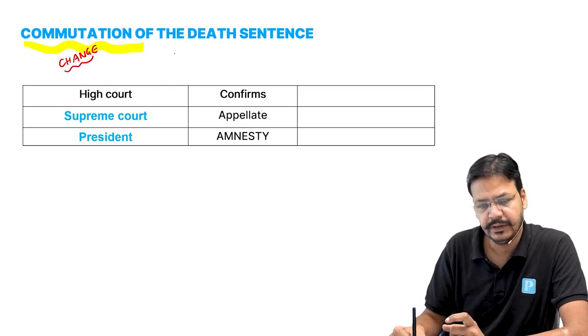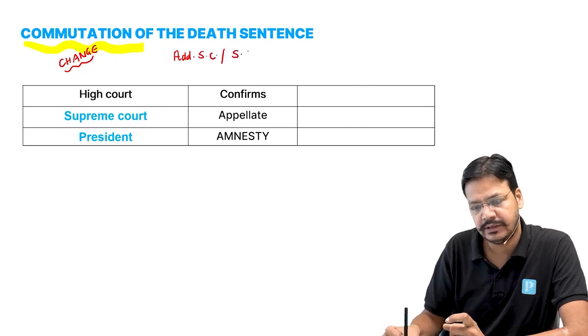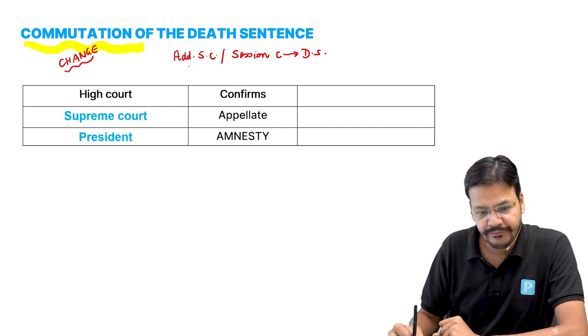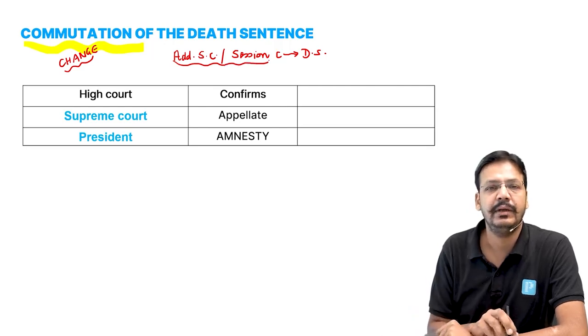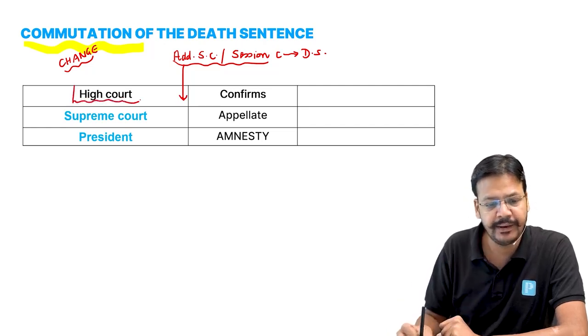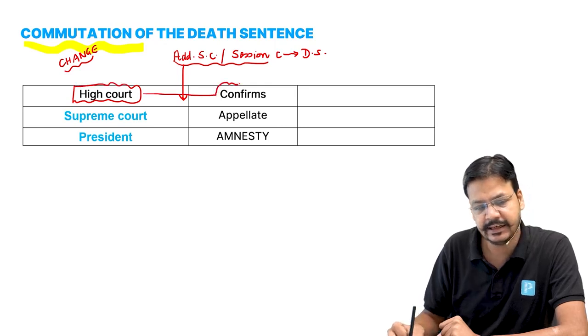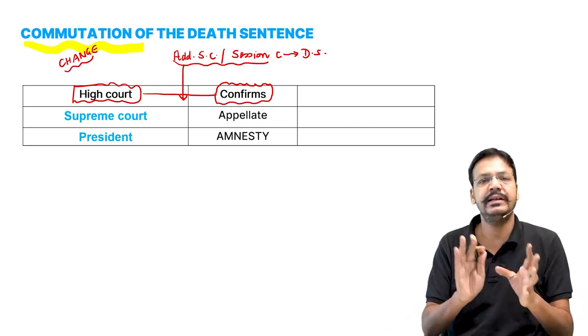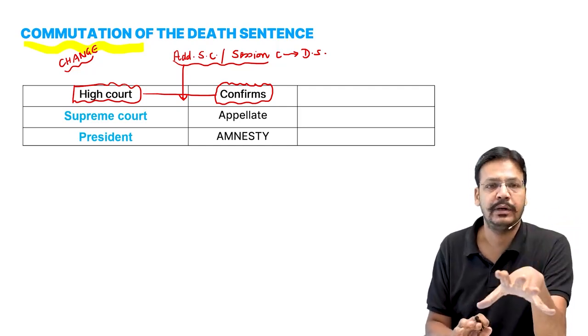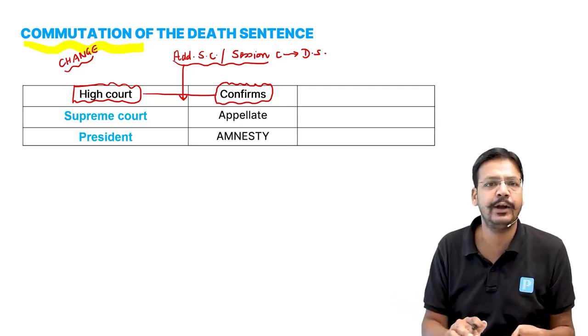These are the lowermost courts which give the death sentence. Whenever additional session court or session court has given a death sentence, this death sentence is confirmed by High Court. So if you get a question, who confirms the death sentence? High Court. High Court can change the death sentence, so commutation can be done by High Court also.